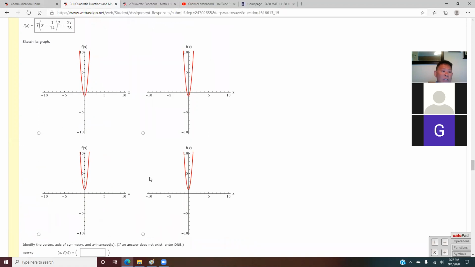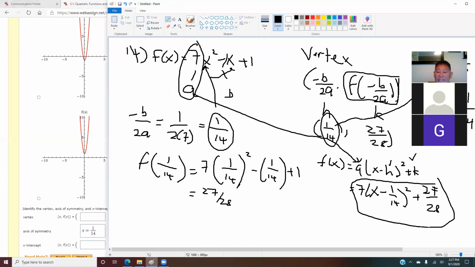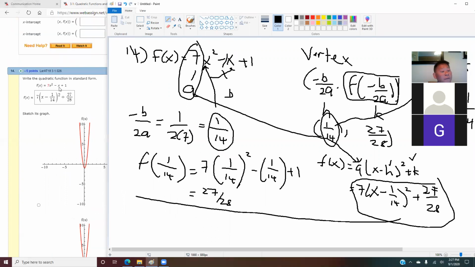Now, next thing you need to do is to find the x-intercept. So how do you find your x-intercept? In this case, you have to either factor or use the quadratic formula. When you do your quadratic formula here, you have to leave everything in square root, meaning you cannot use your calculator to figure it out.